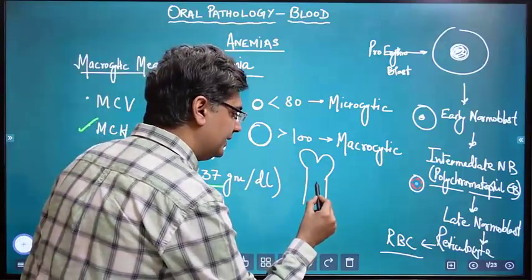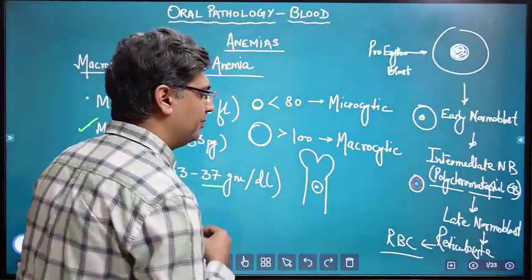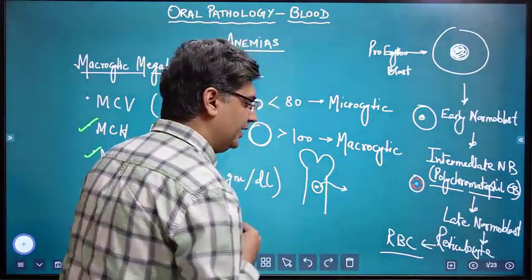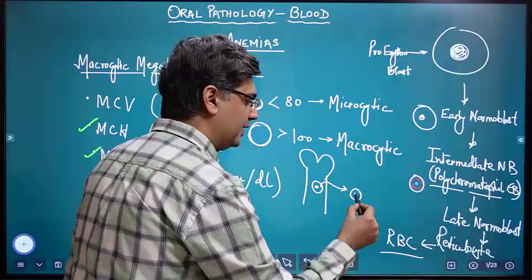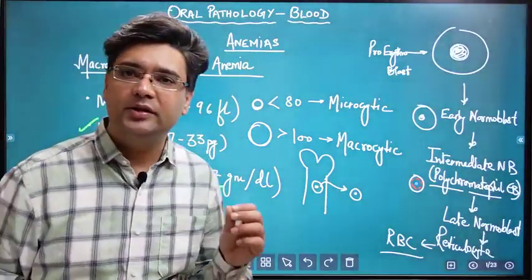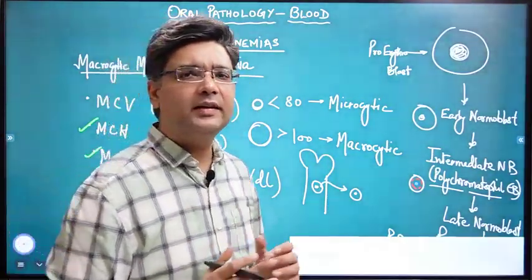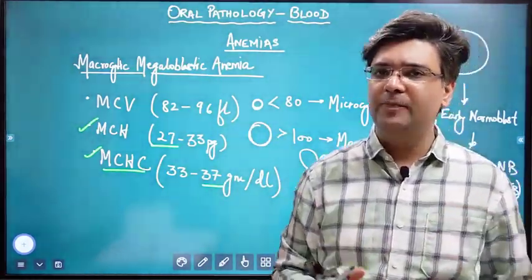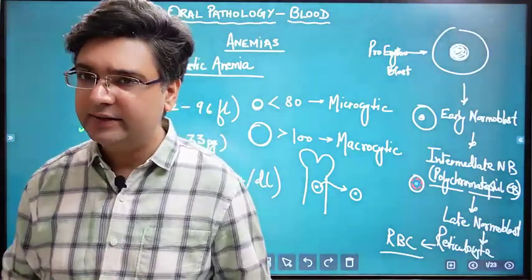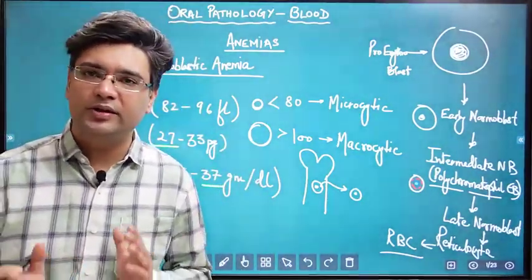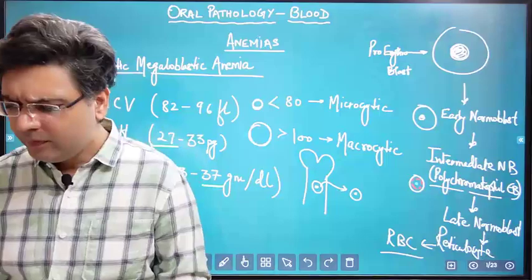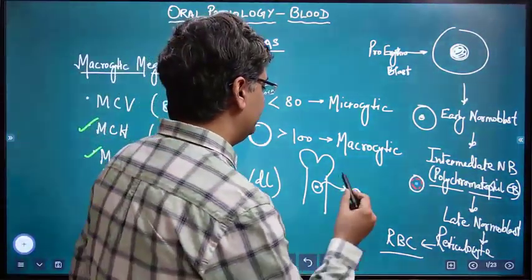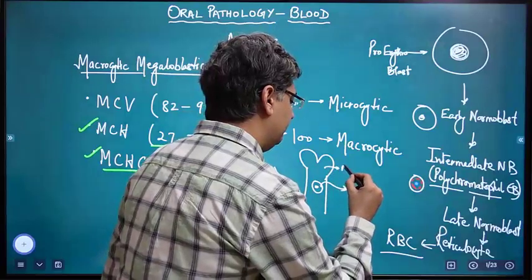These cells are formed in the bone marrow, and when they reach the stage of reticulocyte, they enter the circulation. So whenever the cells are forming in the bone marrow, they are called blasts.